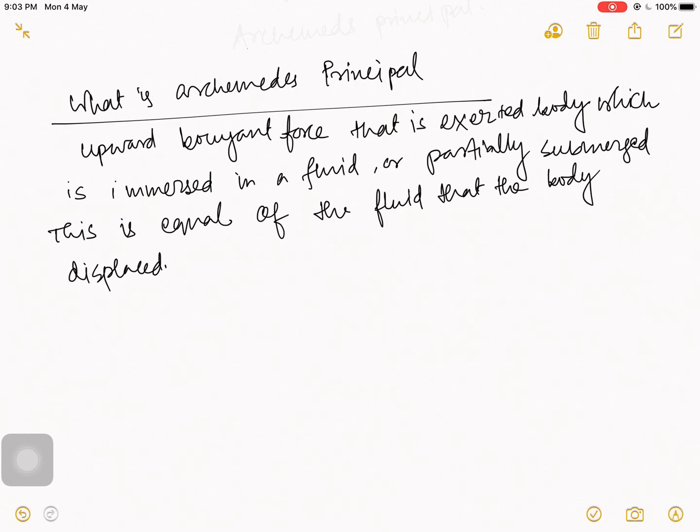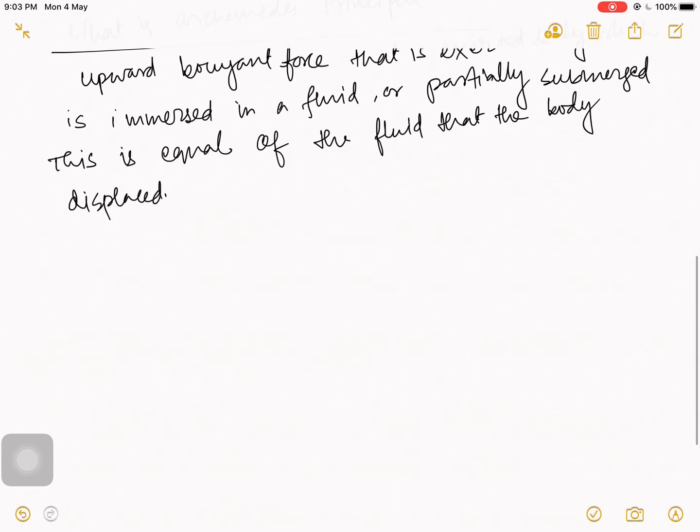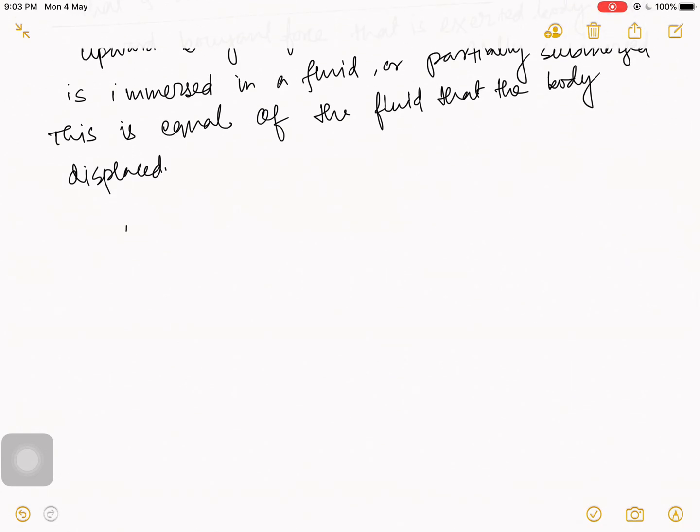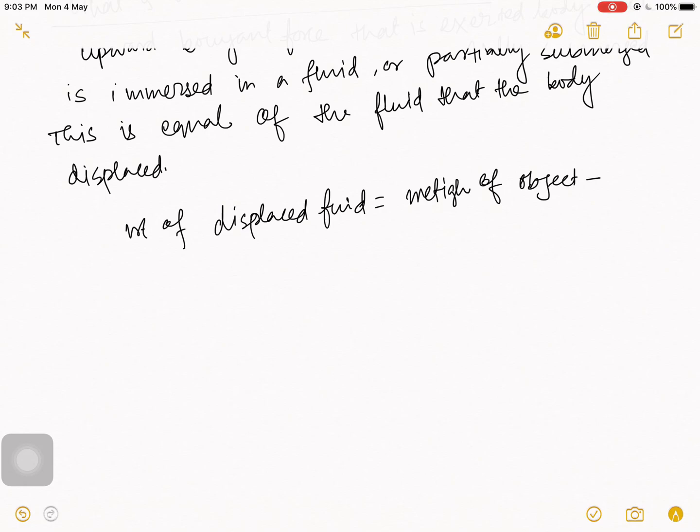From this Archimedes principle, we can say the weight of displaced fluid is equal to the weight of object minus the weight of object in fluid.